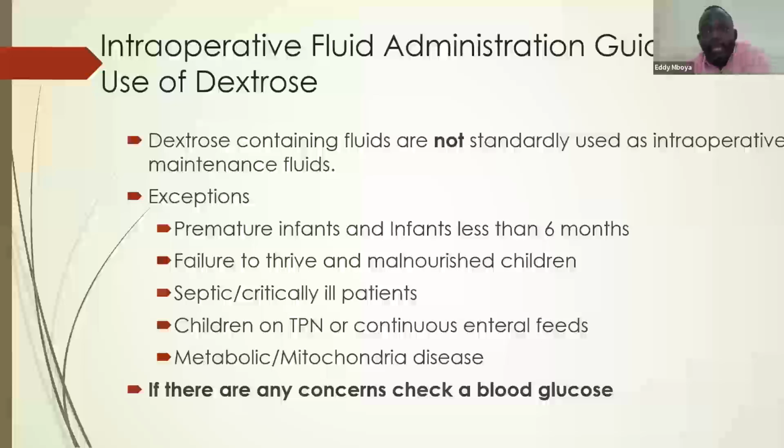The other thing I'd wish to say is that the perioperative state is always a very stressful condition to any person, whether it's an adult or a child. Most studies showed that when you check your random blood sugar perioperatively, post-op or even during surgery, the sugar levels were a bit on the higher side.